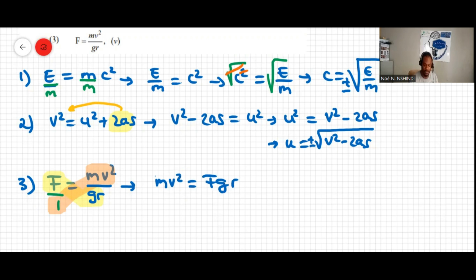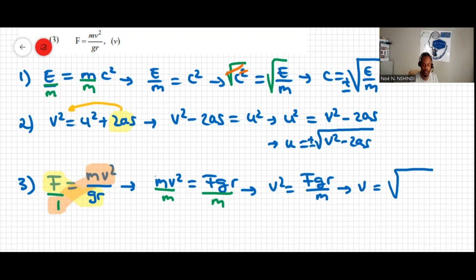And then we can divide by m and divide also by m. So v squared will be equal to F gr over m, and then v will be equal to the square root of F gr over m, with the plus minus. Okay, that's it. That was exercise 6. Thank you.